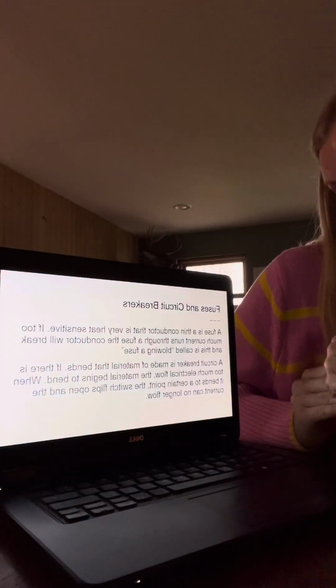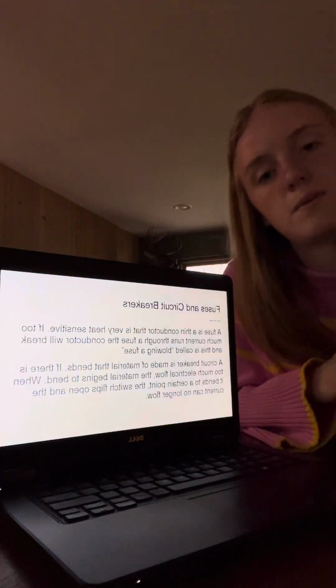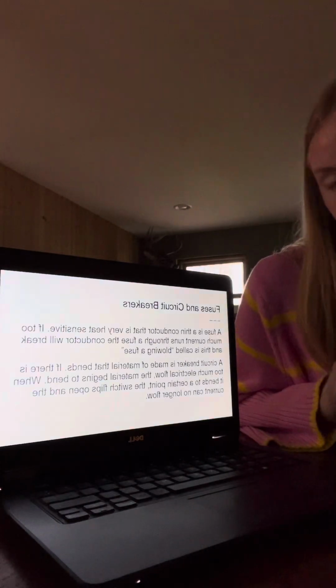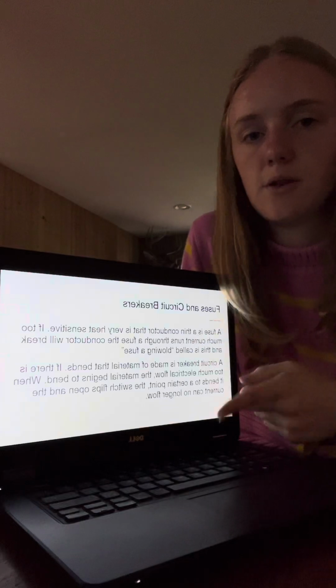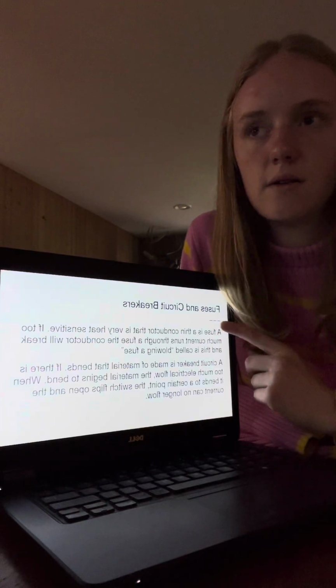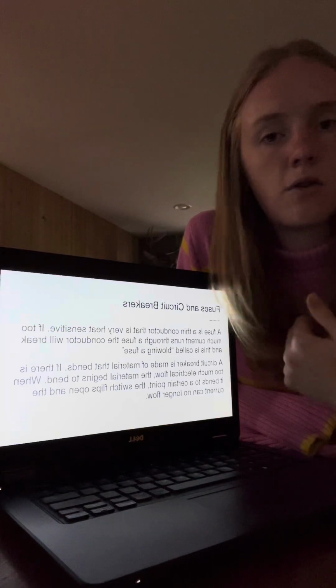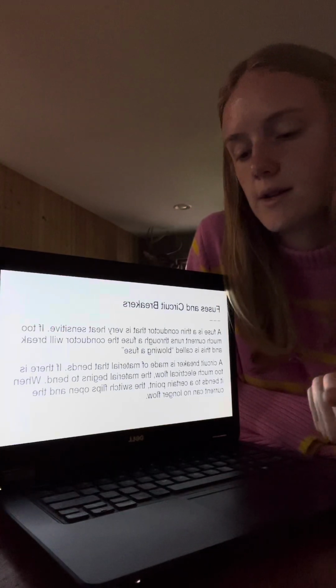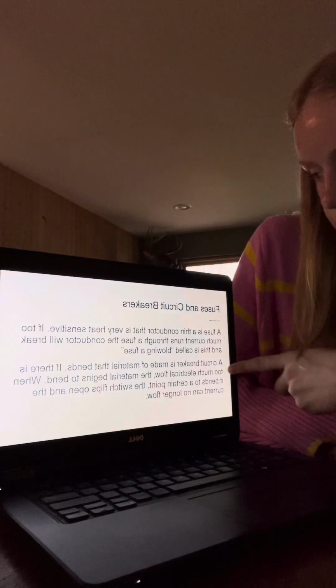And when it bends too much to a certain point, the switch flips and opens, and the current can no longer flow. The main difference between these two is you cannot reuse a fuse. If you blow a fuse, you have to buy a new one in order for the circuit to work again. But you can reset circuit breakers.